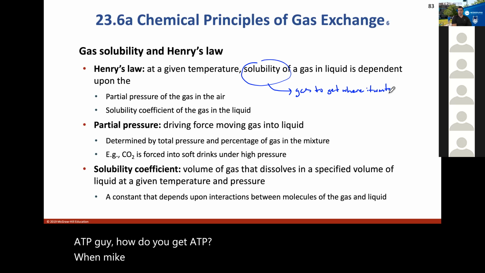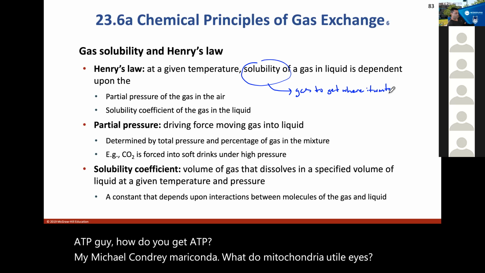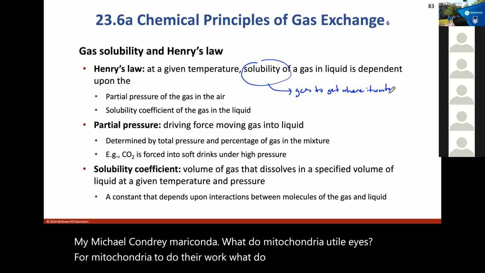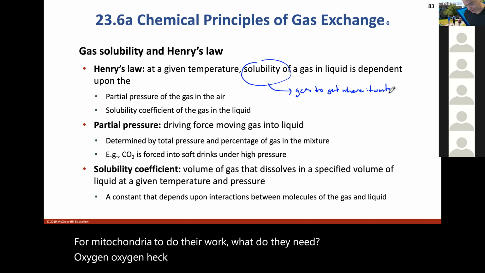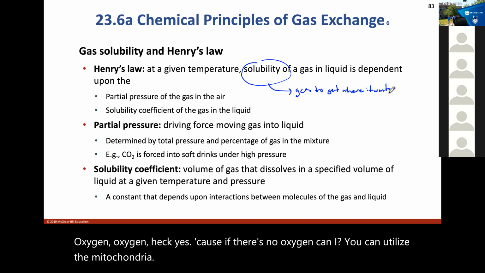What do mitochondria need to do their work? Oxygen. Heck yes. Because if there's no oxygen, can I utilize the mitochondria? No.